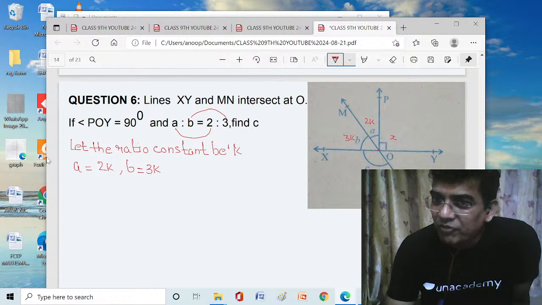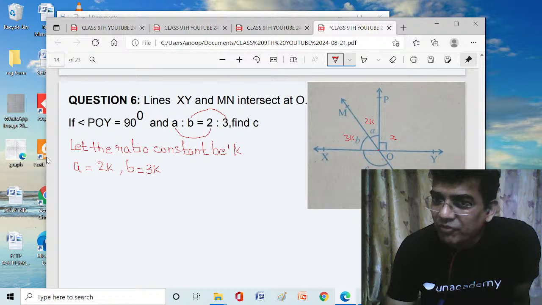So here I can write B plus A plus X, they are forming a straight angle. So I can say these three angles together are forming a straight angle. And a straight angle is of 180. Now of this, B is considered as 3k.